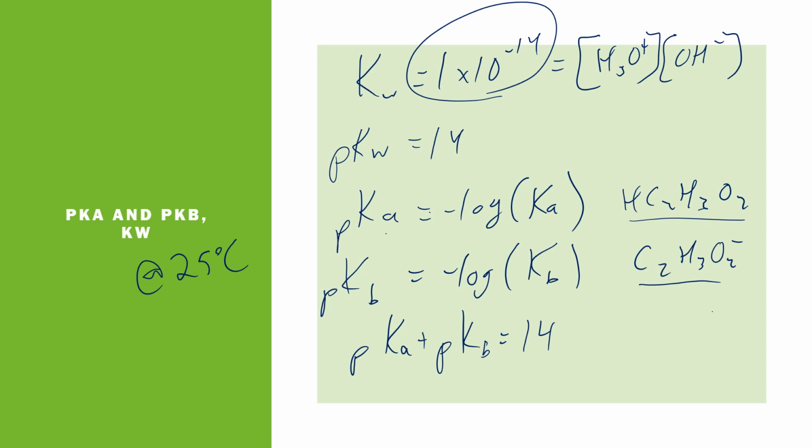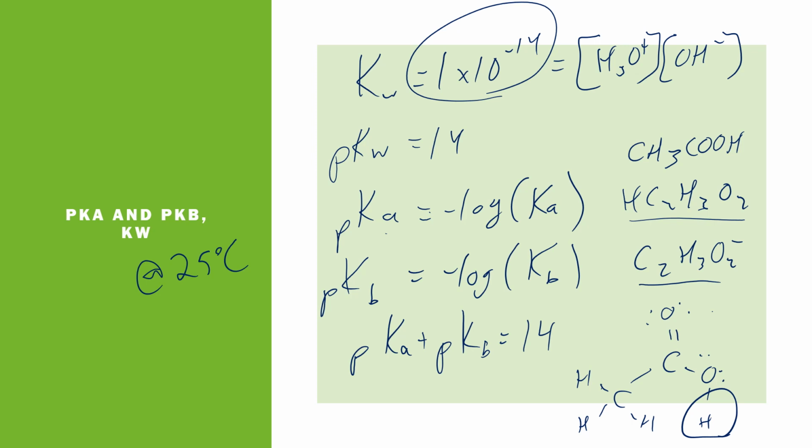Let me just make a little side note about acetic acid since we're here. Sometimes people will write acetic acid as CH3COOH, and that just has to do with the actual structure of acetic acid. It looks like this, where you have a CH3, like C with 3 H's attached, double bond O, OH. And this hydrogen is the acidic hydrogen. That means it can leave and be donated to the solution. So that's why sometimes you'll see it written like this.